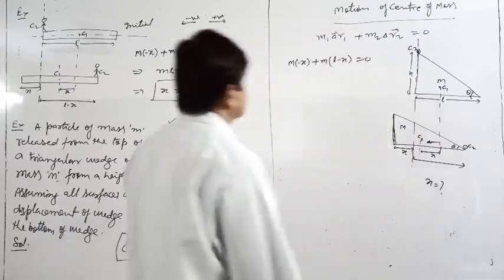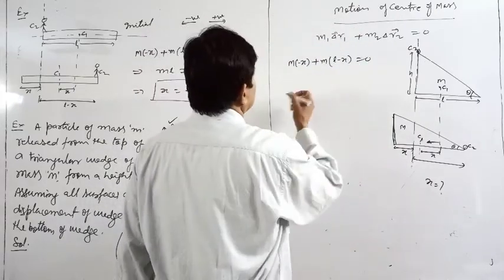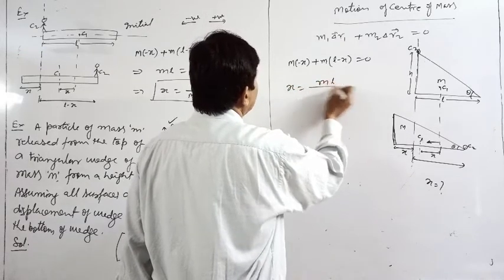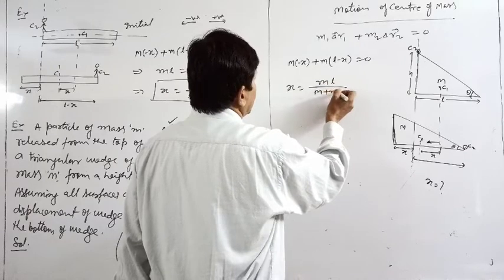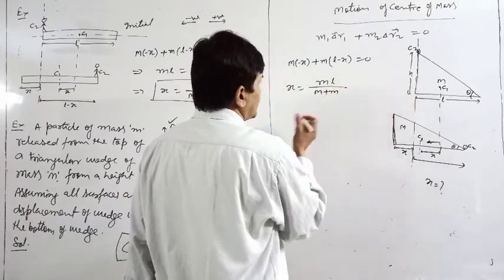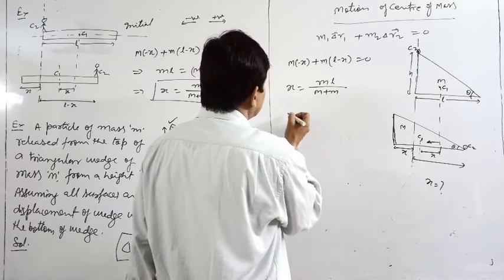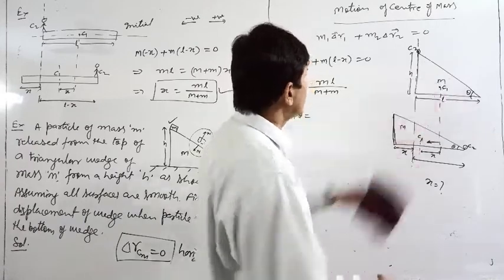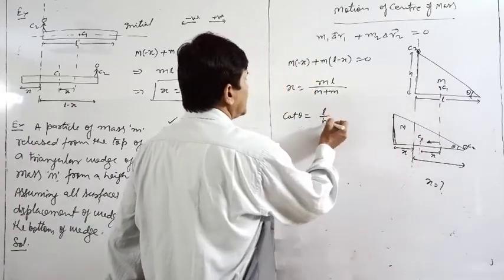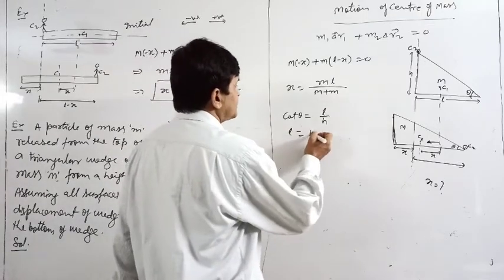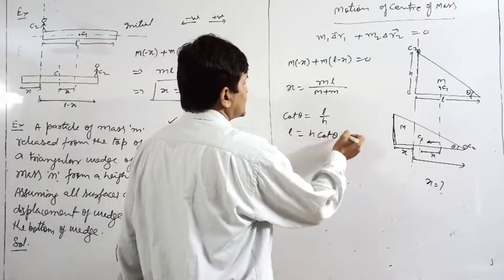Equal to 0. Now here you will have x is equal to mL by (M plus m). And what is L? L is not given, but in terms of h you can find it. Here cot theta is equal to L by h, so L is h cot theta.